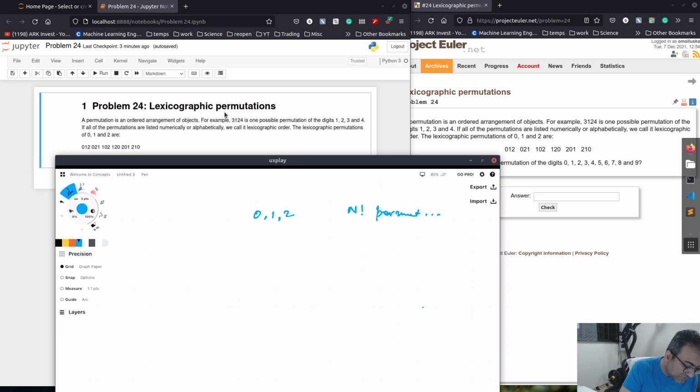Because if we think about the first digit, the second digit, the third digit, in this case we can choose any one of the three, and if we fix this, then there will be 2 left, and if we fix this, there will be only one way of doing that. So it's 3 times 2 times 1 is 6. So it's 3 factorial. 3 factorial is 6.